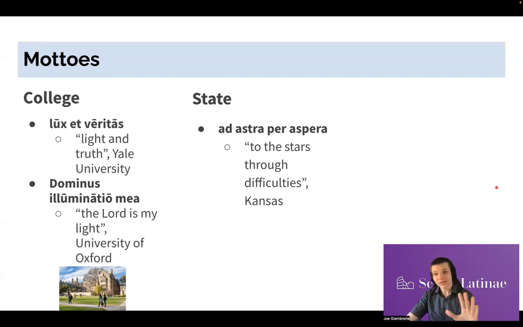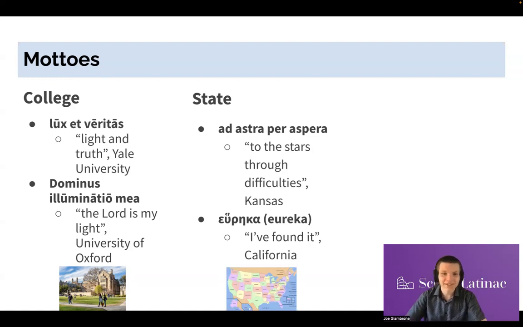Not only do states have Latin mottos, but we have the full spectrum of classical influence. Eureka, I don't speak Greek. Eureka means I found it, and you can find California on the map, who has that motto, the only state motto in Greek, might I add.